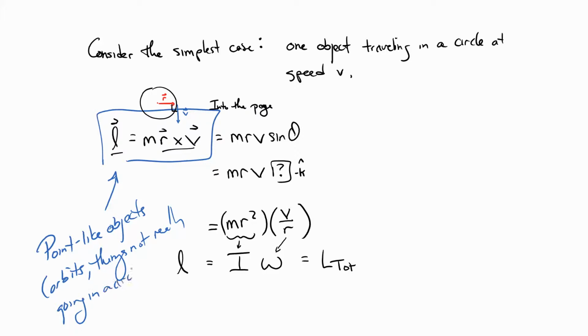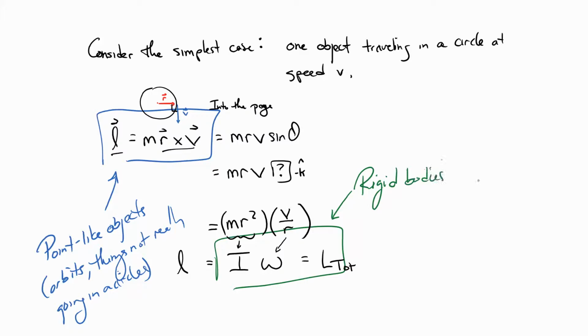Whereas this definition, in terms of I omega, will be useful mostly for rigid bodies, so things that have a well-defined I, moving in circular paths, basically.